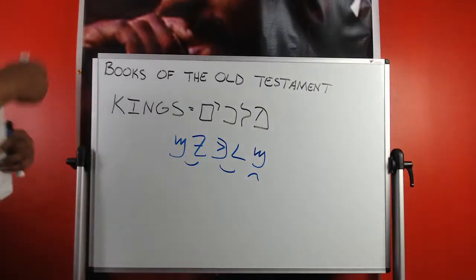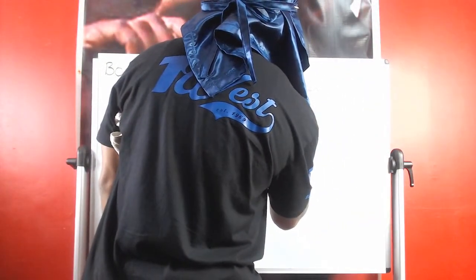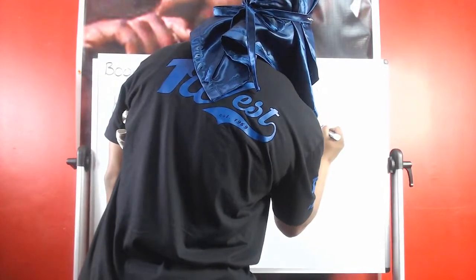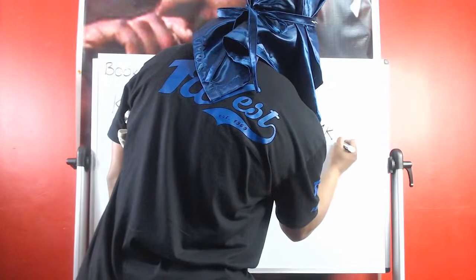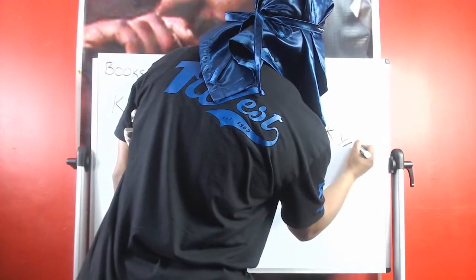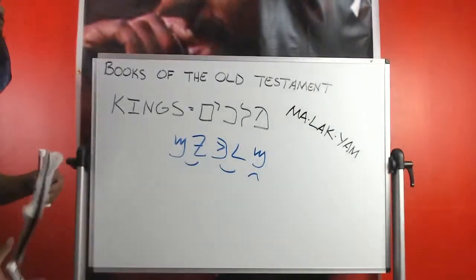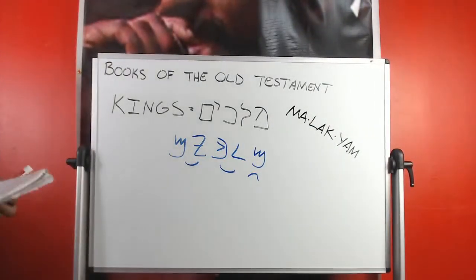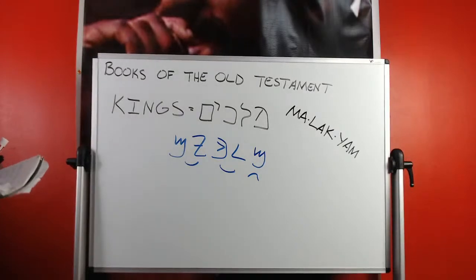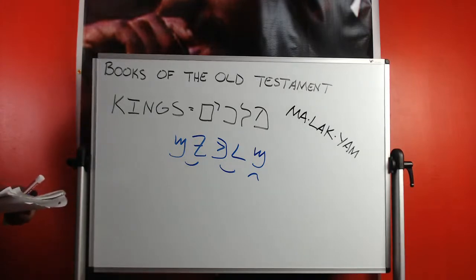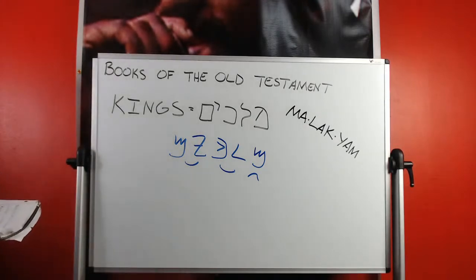So now, for Kings, we have Ma, Lock, Young. Kings would be Malak Young. M-A-L-A-K-Y-A-M. Malak Young.